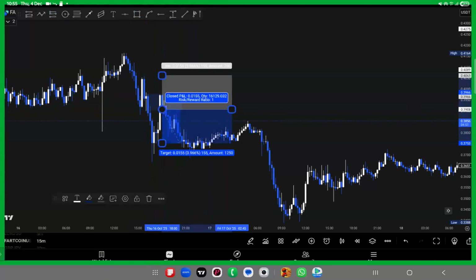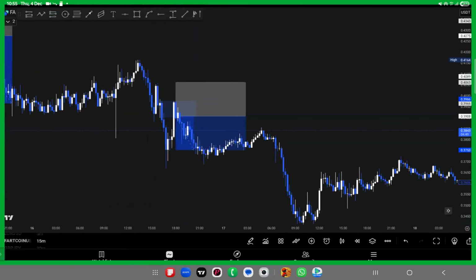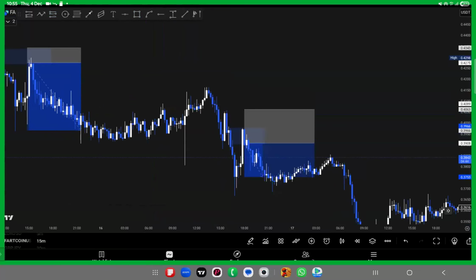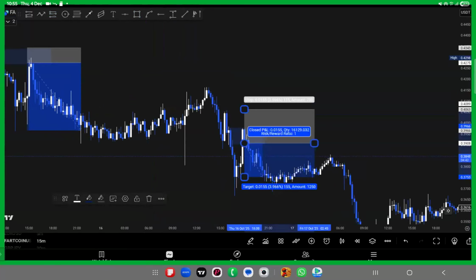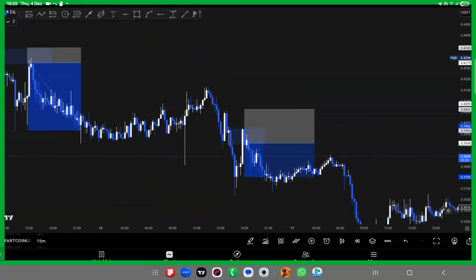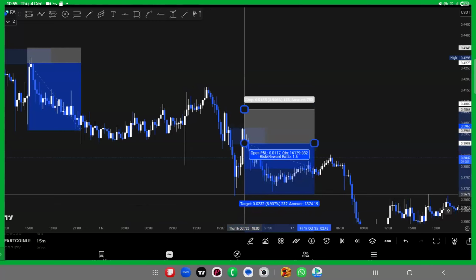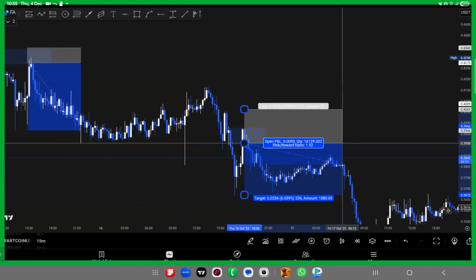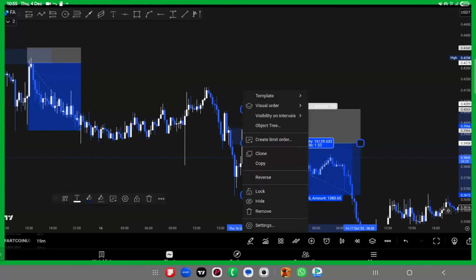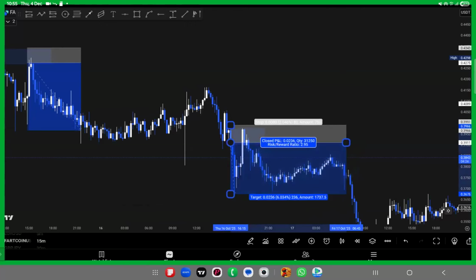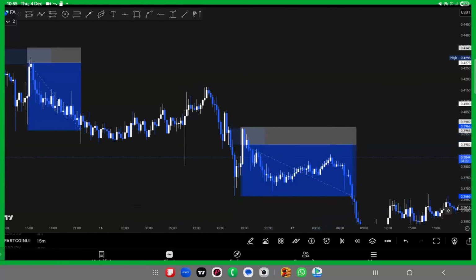There's a fair value gap at that particular spot. Then you can see your break of structure here.